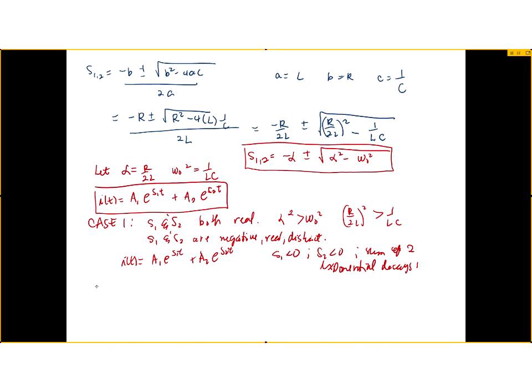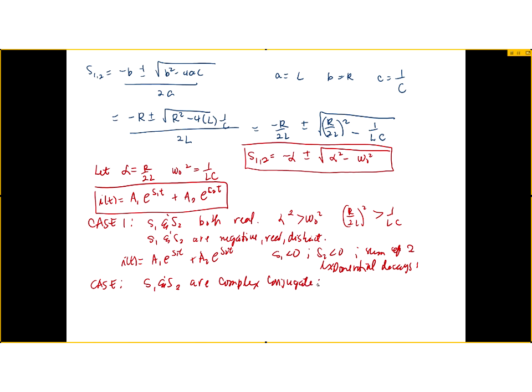That's the first case. Let's look at the second case, when S1 and S2 are complex numbers. In fact, when they're complex numbers, I know that they're going to be complex conjugates. You understand complex conjugates, right?